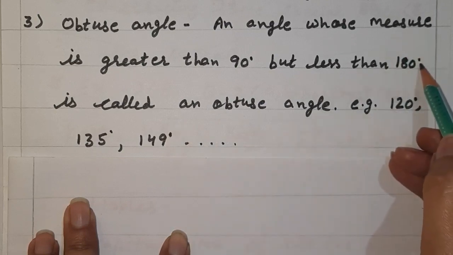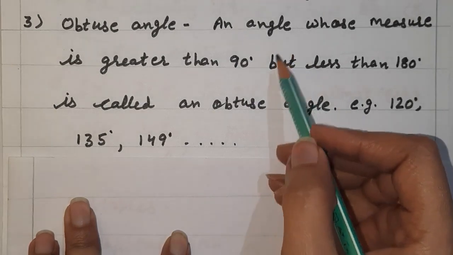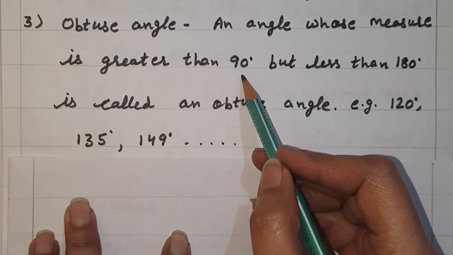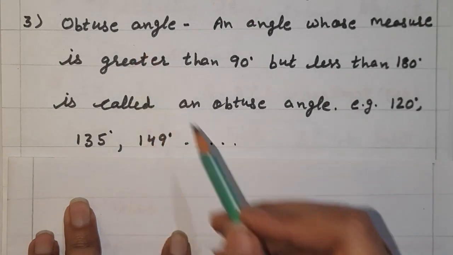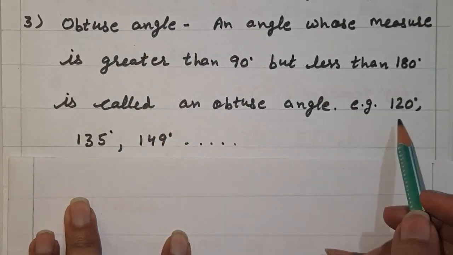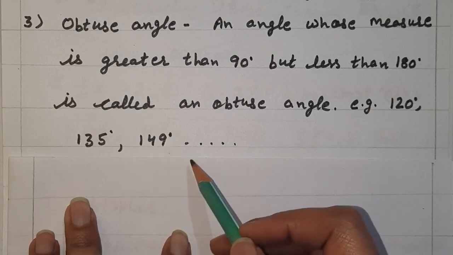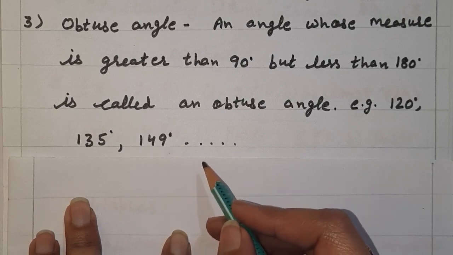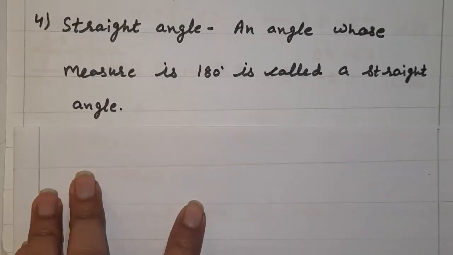This symbol is known as degree. जिस एंगल का मेजरमेंट 90 डिग्री से above but 180 डिग्री से less होगा that is known as obtuse angle. For example, 120 degree, 135 degree, 149 degree, 173 degree, 128 degree. These are examples of obtuse angles.